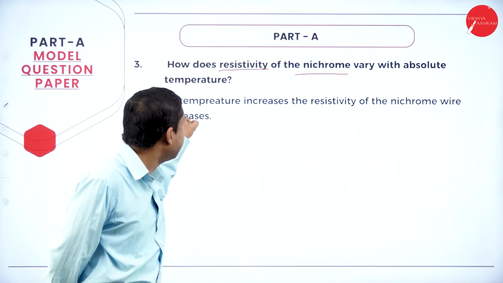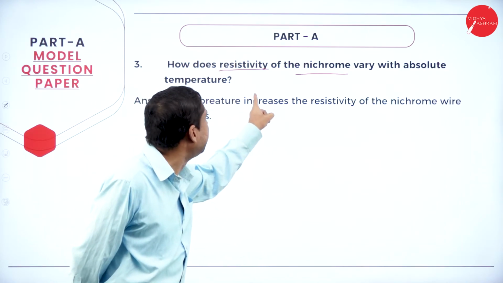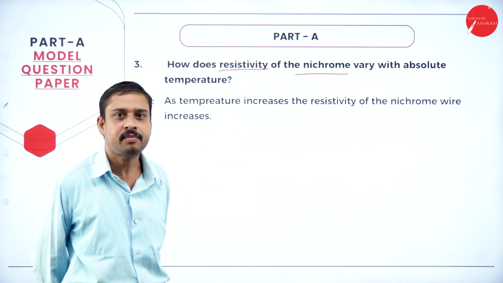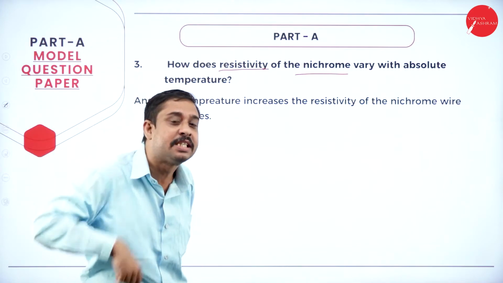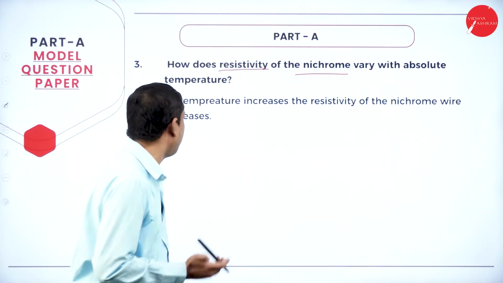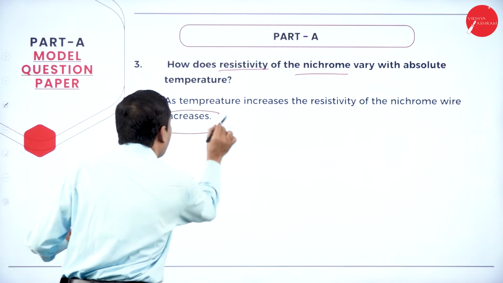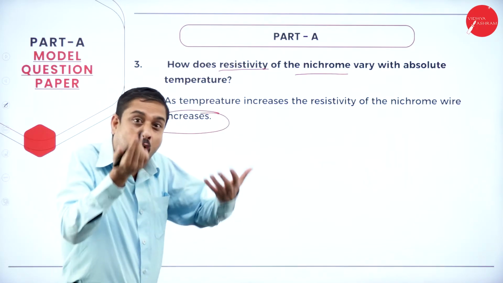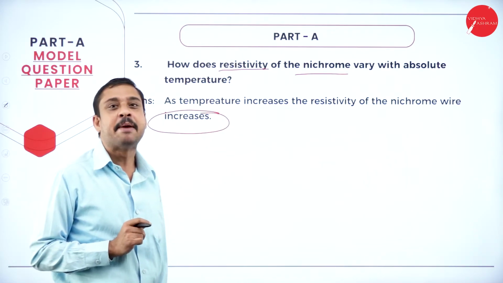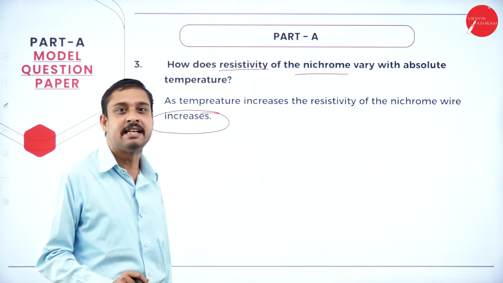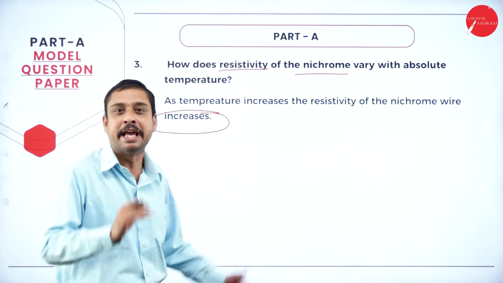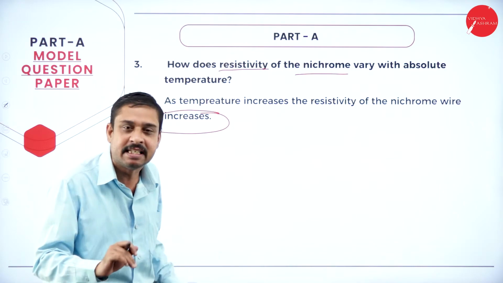Therefore, we say, as temperature increases, the resistivity of the nichrome wire also increases. Or the other way, as temperature decreases, resistivity also decreases.